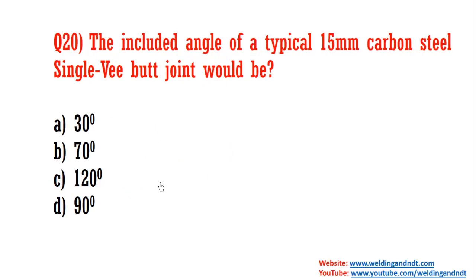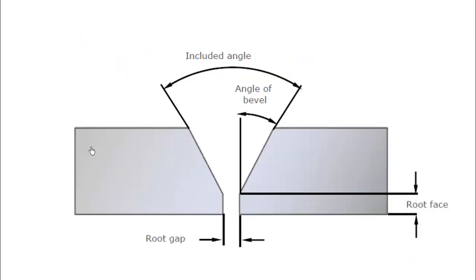Now the last question, question number 20. The included angle of a typical 15 mm carbon steel single V butt joint would be... So what would be the included angle? I had explained in chapter 2 that the included angle will be 70 degrees. So B will be the right answer. Here you can see from the example, this one side angle is known as the bevel angle, and both sides accumulated is known as the included angle.